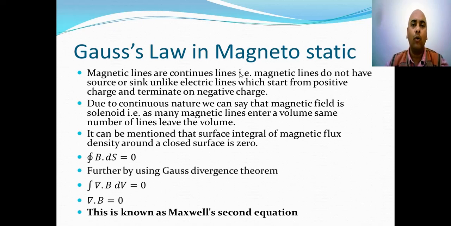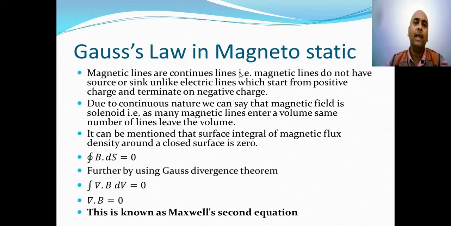They are continuous. For example, if we take the example of a magnet, then magnetic lines start from the north pole to the south pole external to the magnet, and magnetic lines move from the south pole to the north pole internal to the magnet.